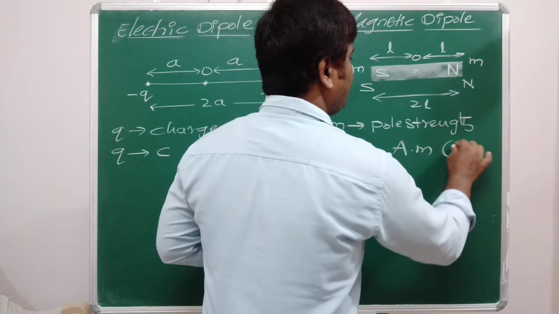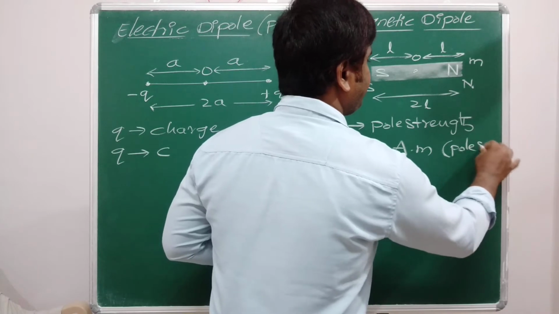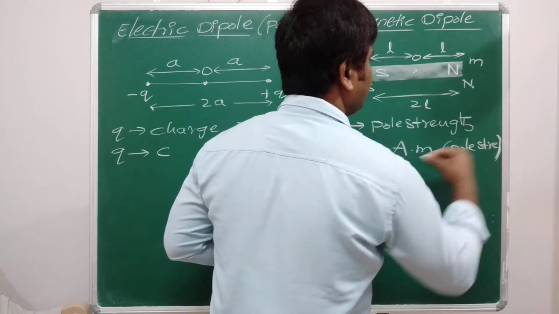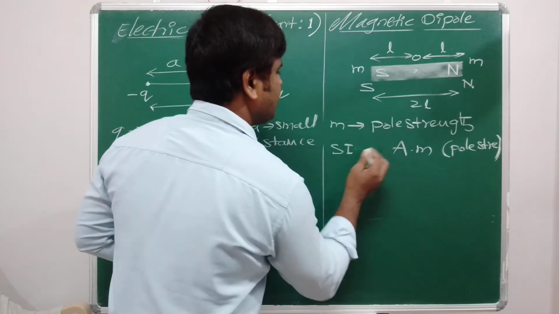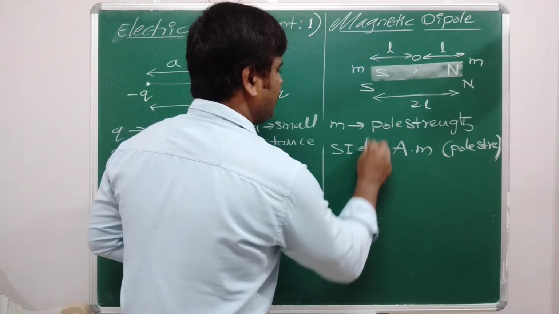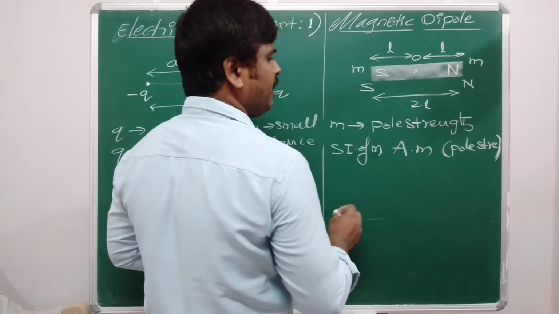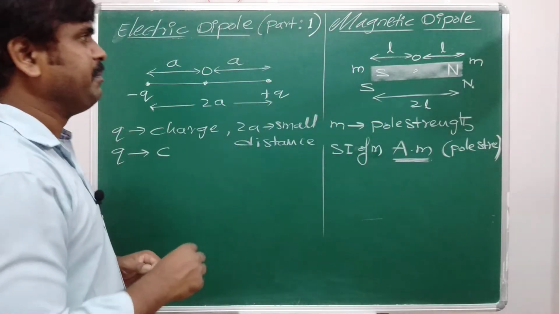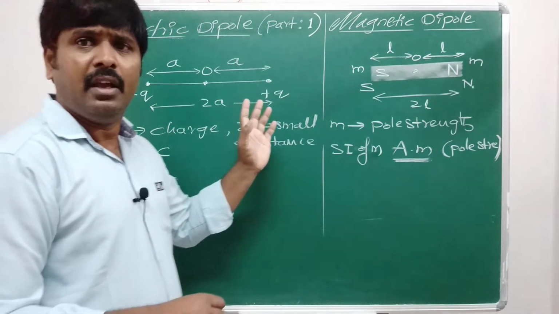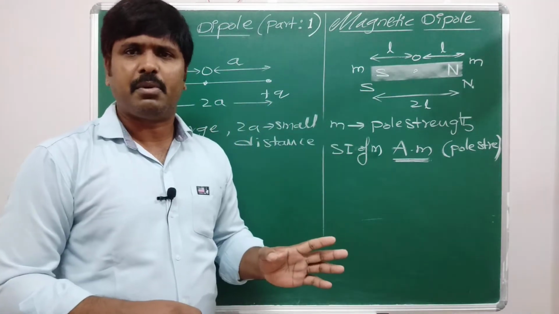So the SI unit of m, I am writing like this, is ampere meter. Try to understand, we can compare this with the electric dipole.